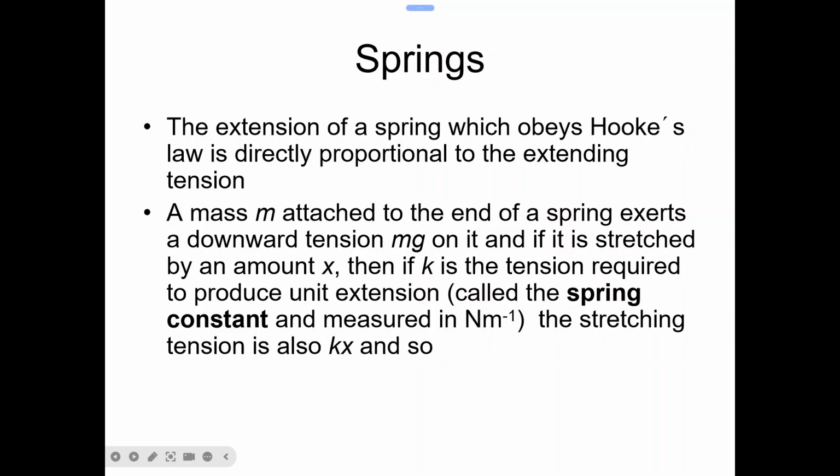Let's think about a mass M attached to the end of the spring, exerting a downward tension mg on it. If it is stretched by an amount x, and k is the tension required to produce a unit extension, the spring constant, then the stretch tension is also kx. So mg equals kx.